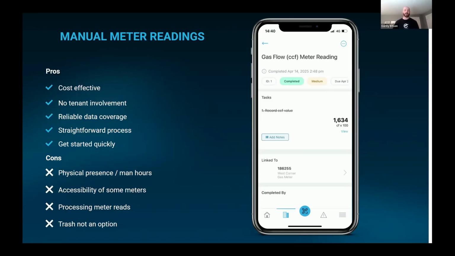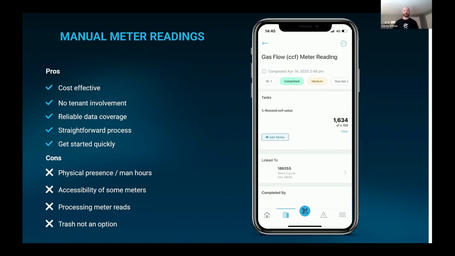This is a lot more reliable. It's also straightforward, right? You don't have to deal with anybody. You don't have to deal with the utility. You don't have to deal with the tenant for the most part. It's very straightforward. And similarly to asking tenants, you can just get started, right? You could send property managers out tomorrow to read meters.